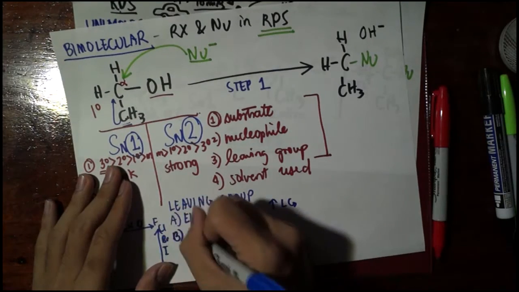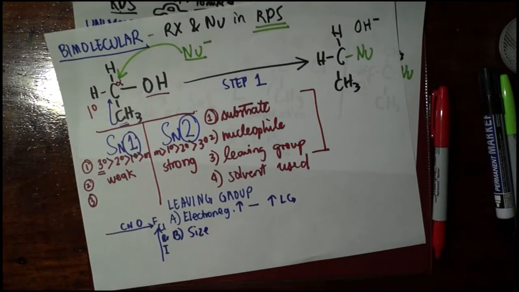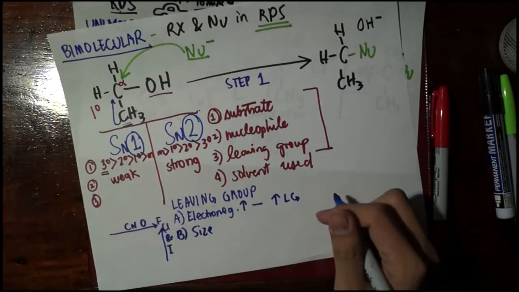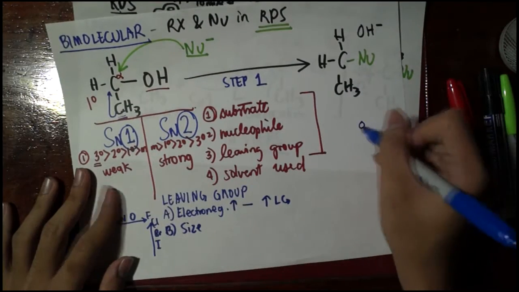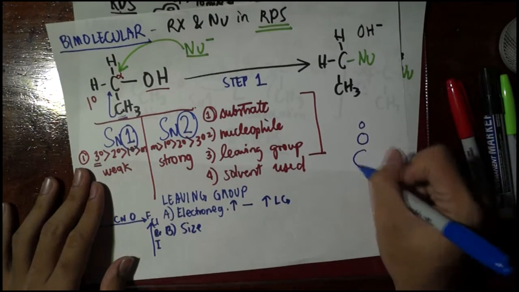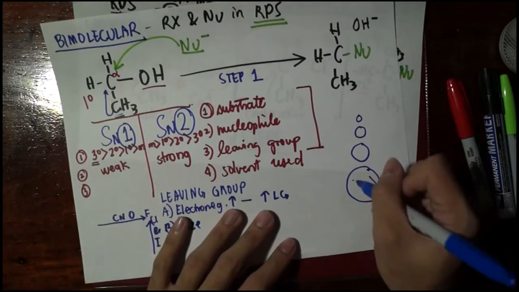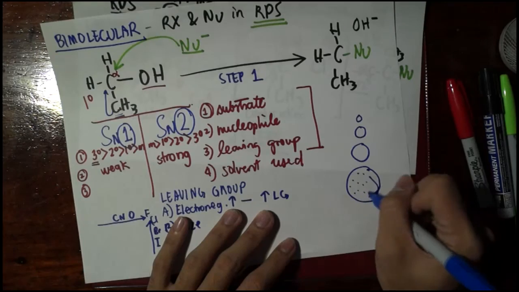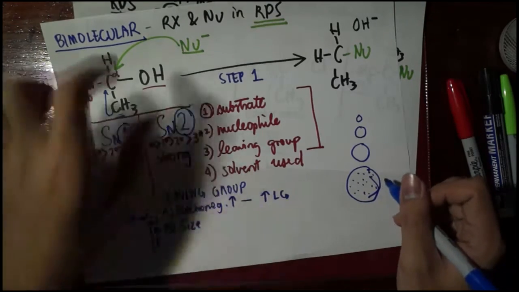The second is size. Again, we talked about this one: fluorine, chlorine, bromine, iodine. They have similar electronegativities, but they are different in size. Fluorine is small, chlorine is larger, then bromine, then iodine. When it becomes larger, there are more electrons, right? It becomes more unstable, even if it has a certain electronegativity value.